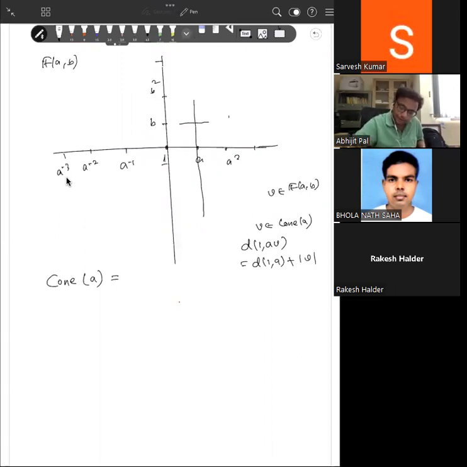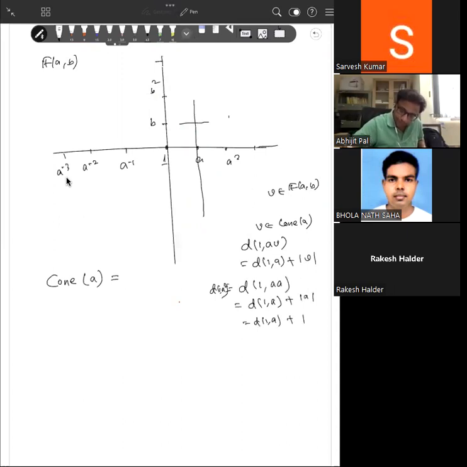Yes, please give at least some element which belongs to this set. a is there. Okay, so you are saying this a is there, right? Yes. So this means what? If a belongs to this thing, then 1 to a a, that is a squared, right? This distance is equal to the distance of 1 to a plus the length of a, which is equal to 1.